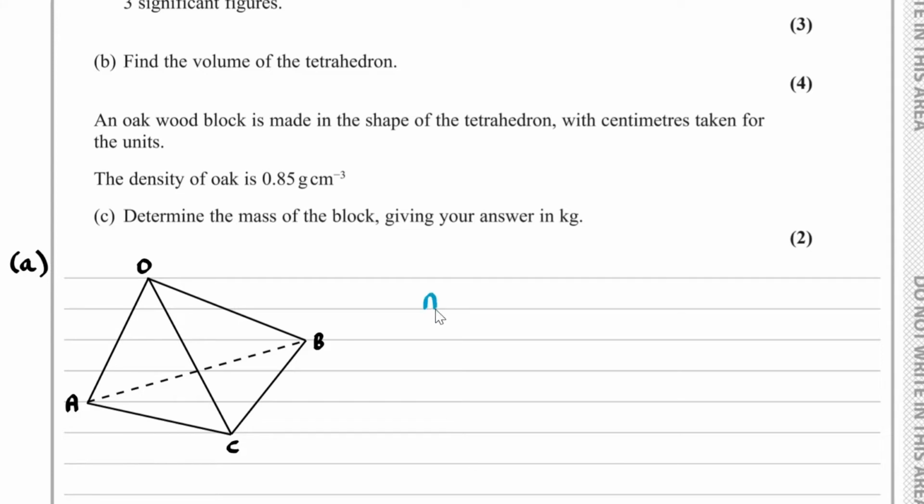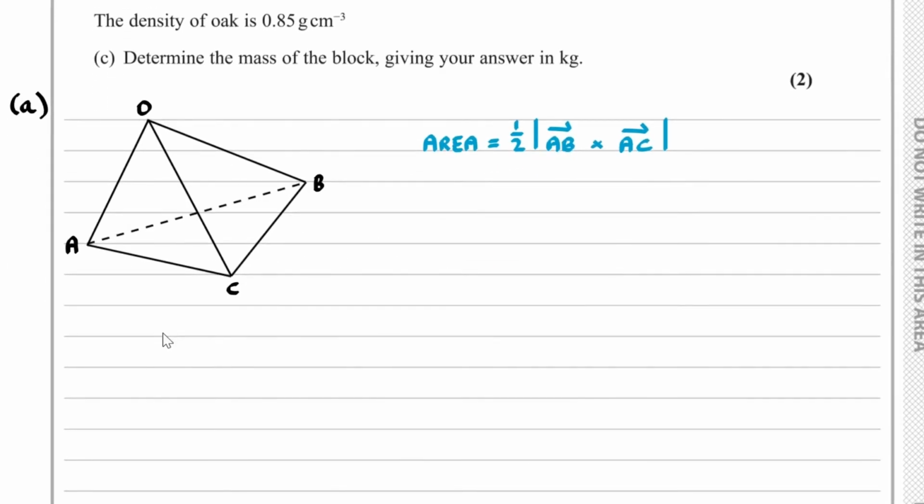The area of this tetrahedron is given by 1/2 times the modulus of the cross product between AB and AC. Now, let's begin by finding the vector AB and AC.